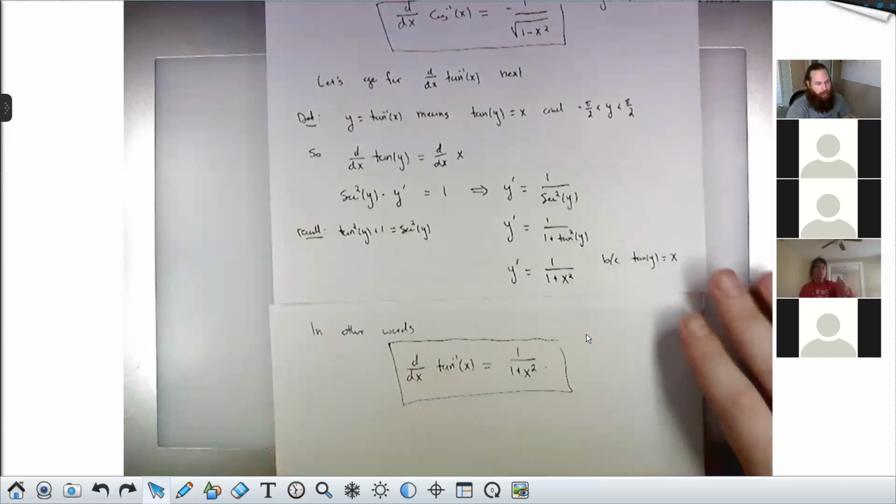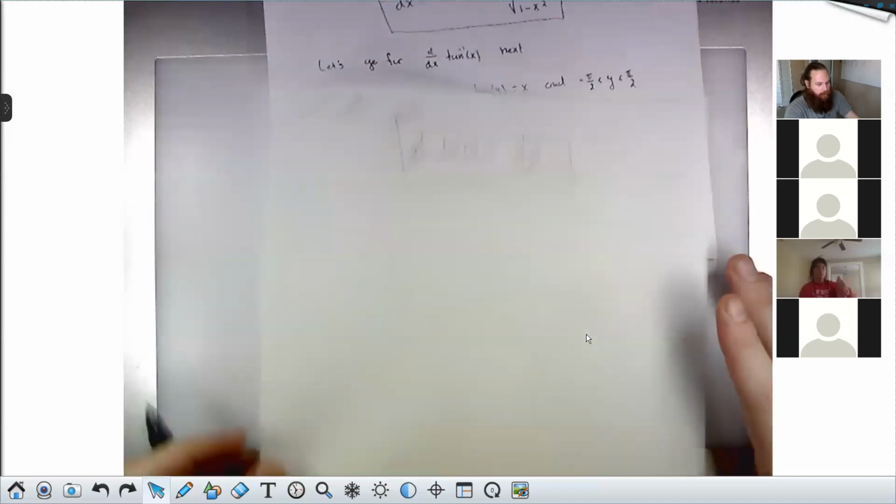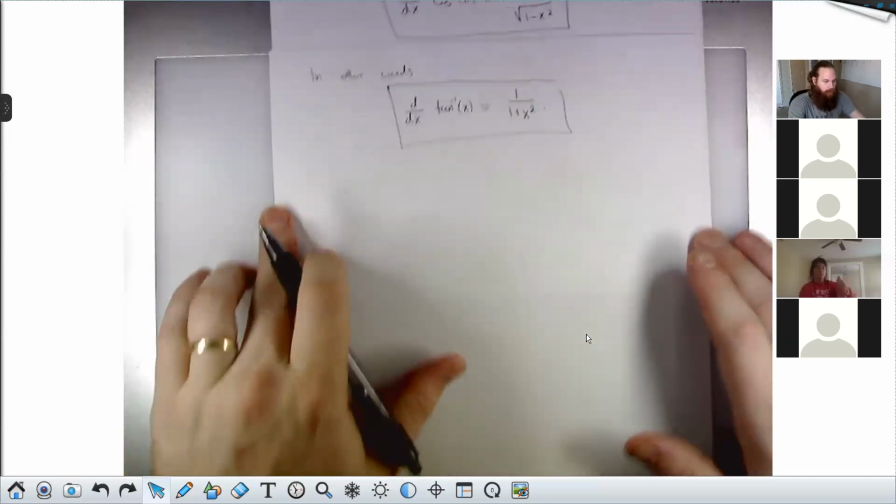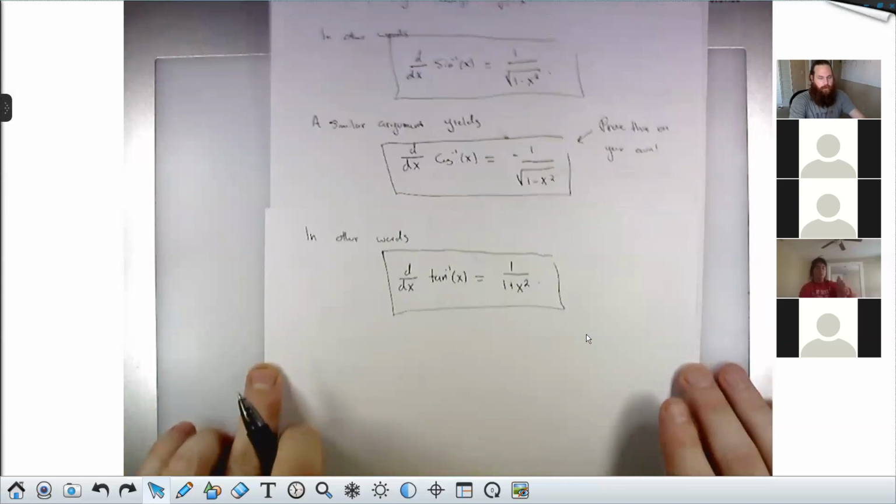All right. So we have here the derivatives of our 3 main inverse trig functions: inverse sine, inverse cosine, and inverse tangent.